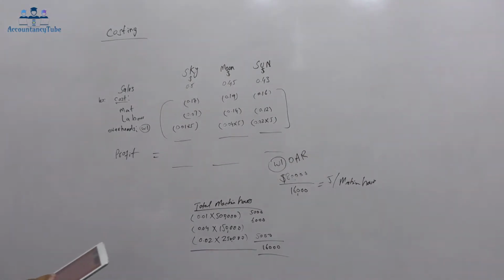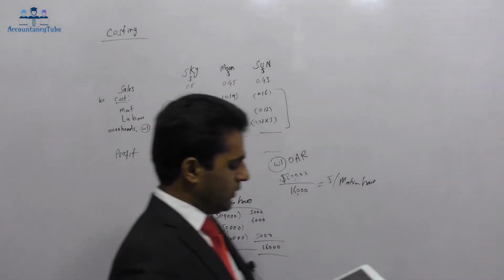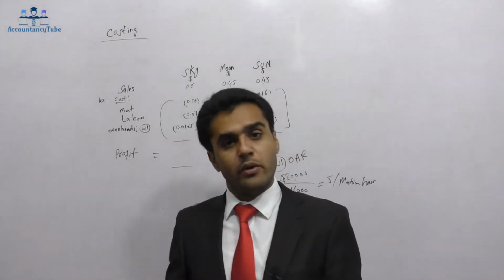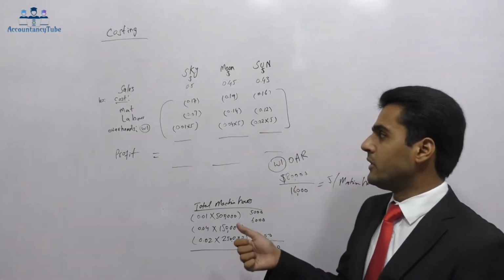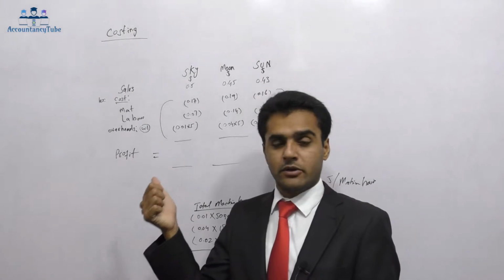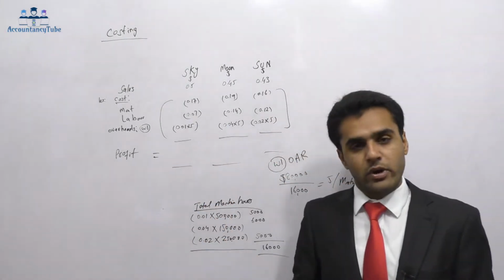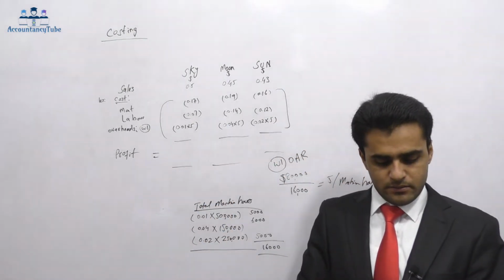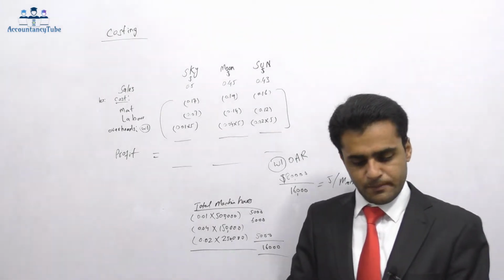Right, so that's the sole aim of absorption costing. We only use it so that we can know how much it costs us to make Skybar and all the others on an accurate basis, unlike the basis of number of units.